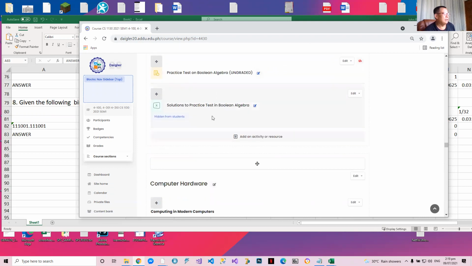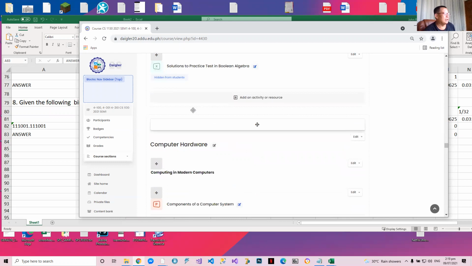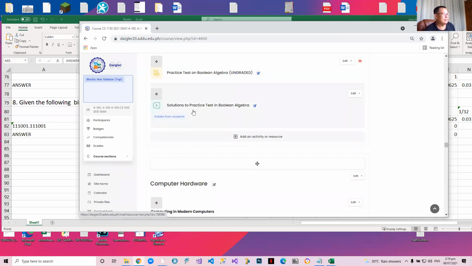And then we will have a second formative test. Any questions so far? Any questions? We'll dismiss early today. I don't want to introduce a new topic.